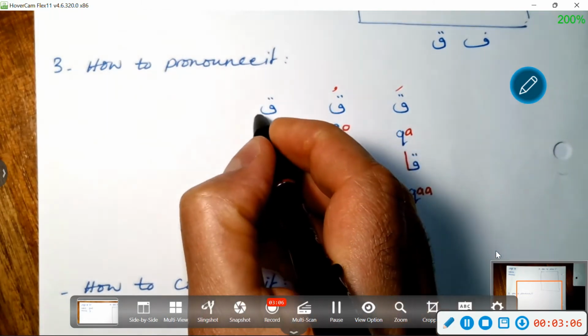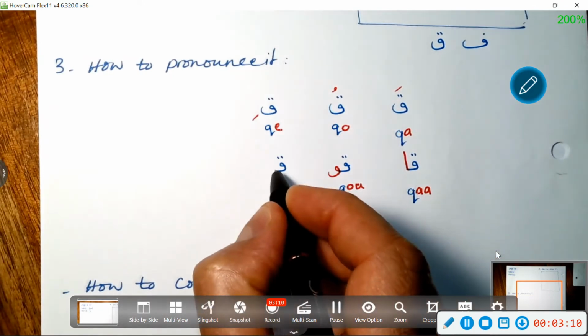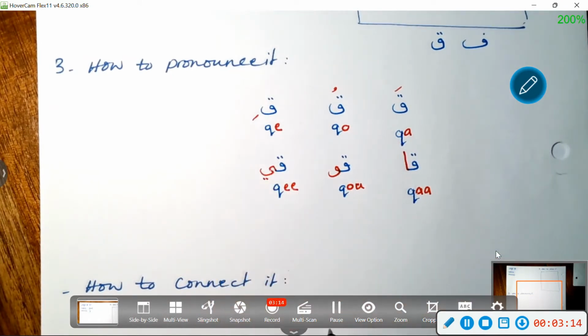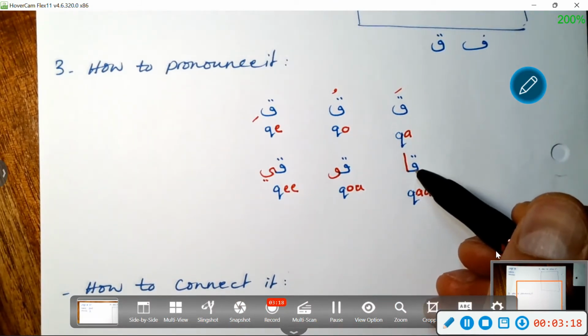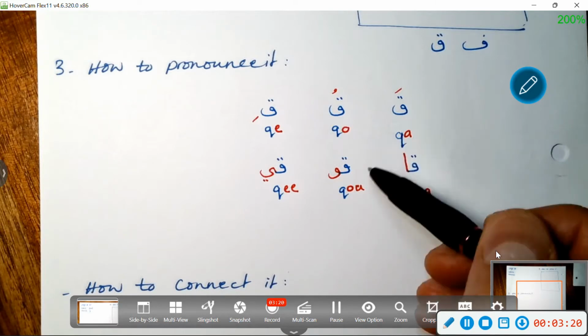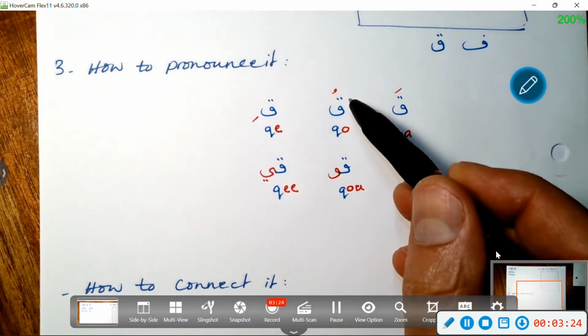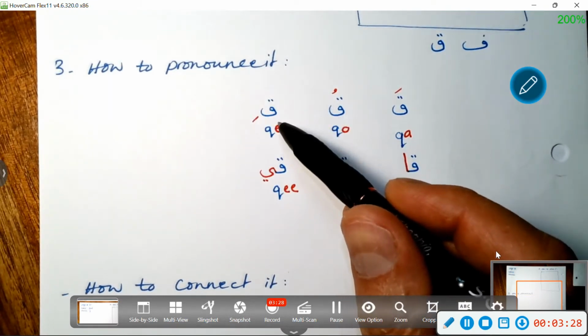And now Qi with Ya, Qi. So we have Qa, shorter, Qa, Qu, shorter, Qu, Qi, shorter, Qi.